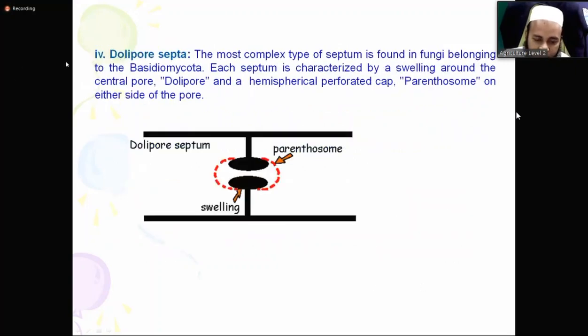And for dolipore septa, we told you that in the septa there is a swelling, a bulged area. This swelling area is also covered by a perforated cap, which is called the parenthesome. This type of septum is called dolipore septa.